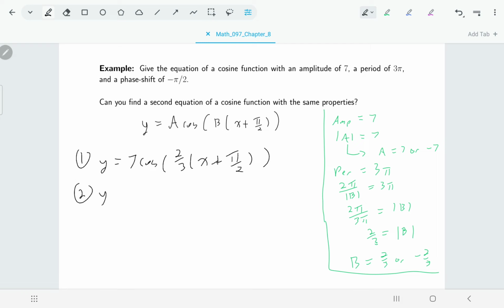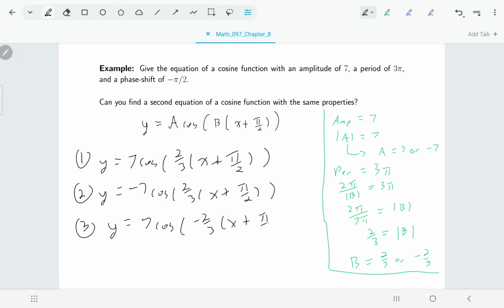Or you could have used negative 7 and positive 2/3. Or you could have used positive 7 and negative 2/3. Or you could have used negative 7 and negative 2/3.